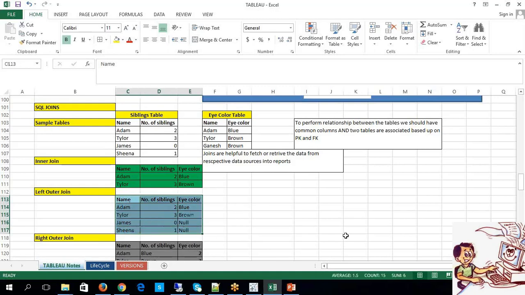Look at this. Left outer join retrieves the whole data of a left side table along with the common values of the common columns of the right side table.